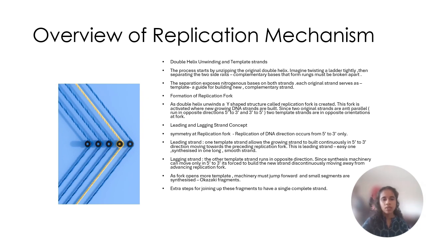You have to understand that the replication of DNA can only happen in the 5 prime to 3 prime direction. Because you have two strands running anti-parallel, there is an asymmetry at the replication fork.